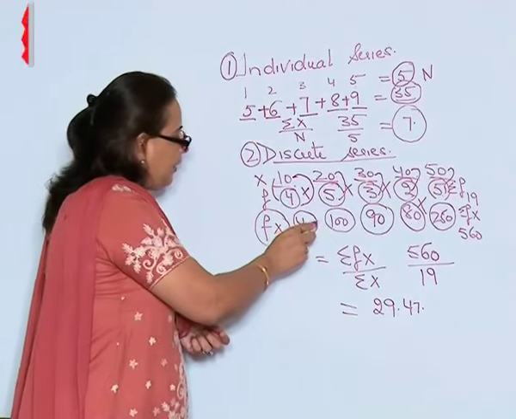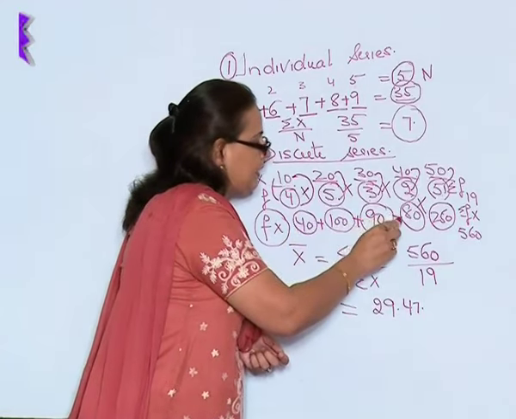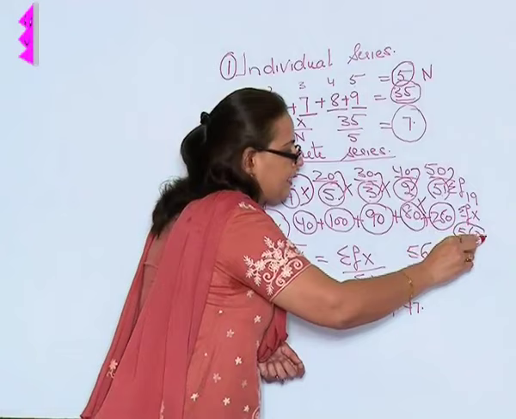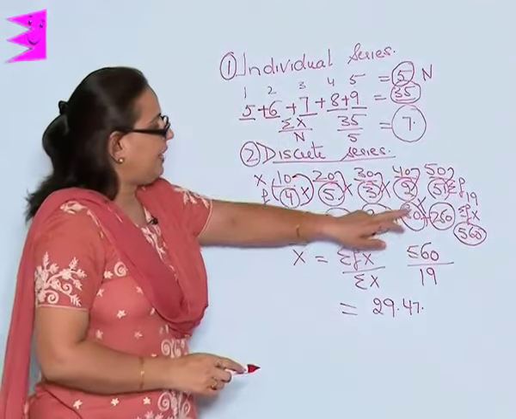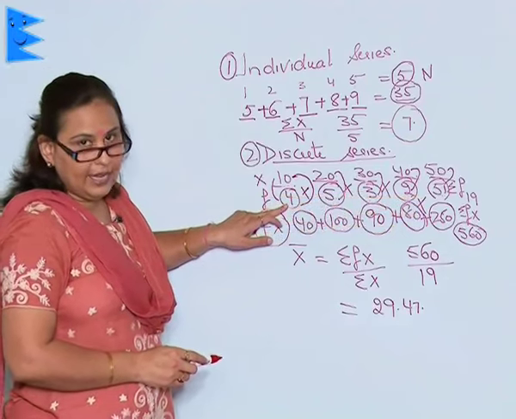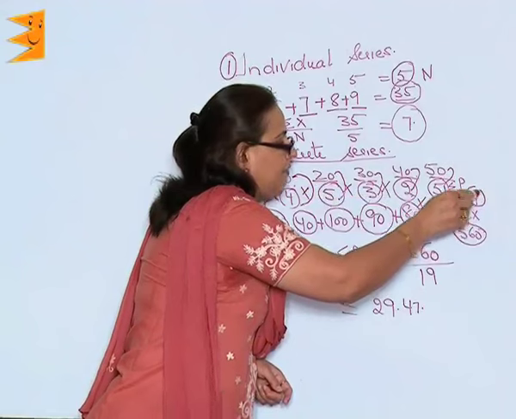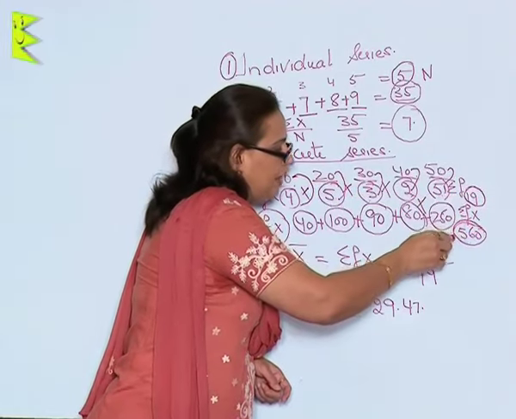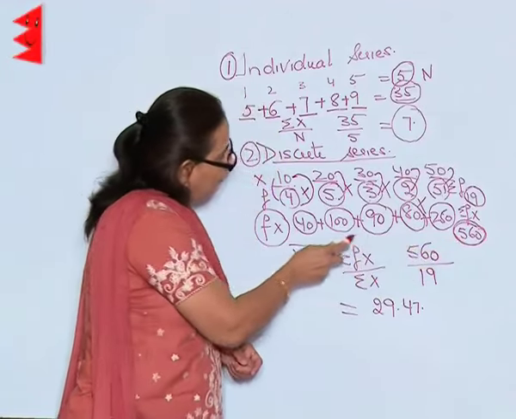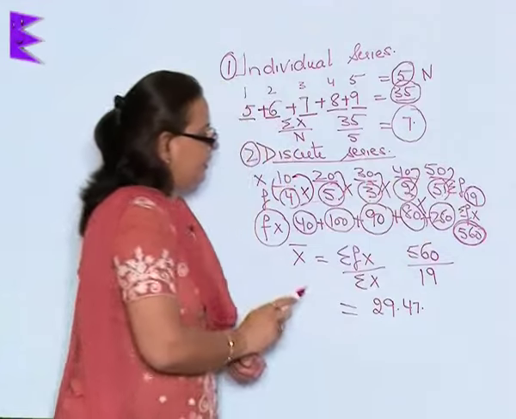So, when I add 40 plus 100 plus 90 plus 80 plus 250, it gives me 560. So, what I have is the total sum of the frequencies, that is sigma f, which is 19, and I have the sigma fx, which is 560. These are the total marks which have been obtained by all these students, that is the 19 ones.